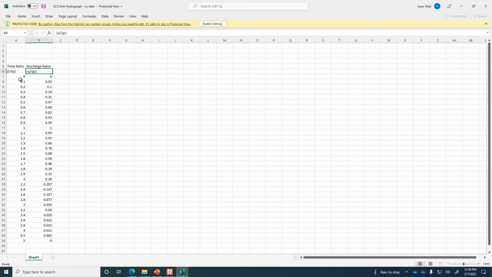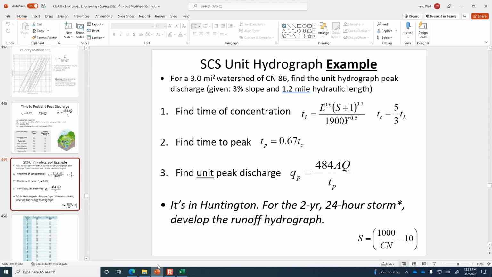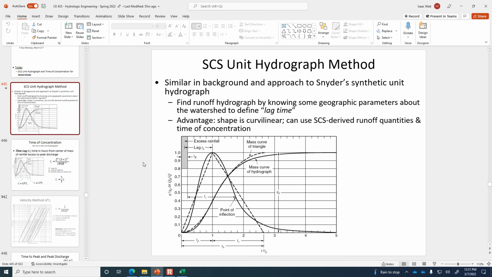All right, so we've got the time ratios, where this is just some time relative to the peak by which we're defining the discharge ratio. By definition, the peak discharge occurs at the time to peak. And then all the rest of this is just trying to tell us the shape of this curve.